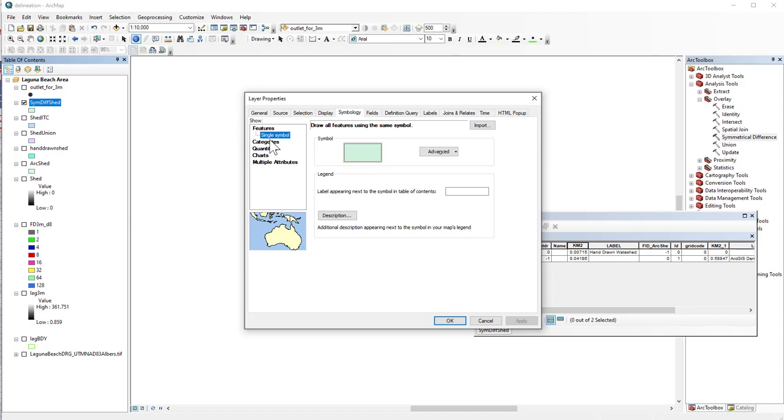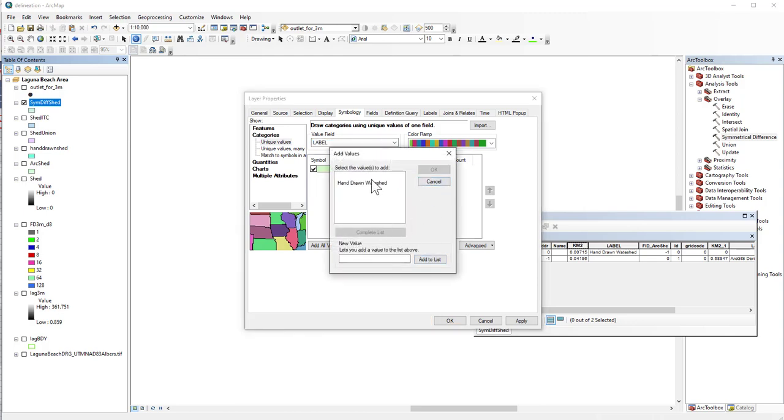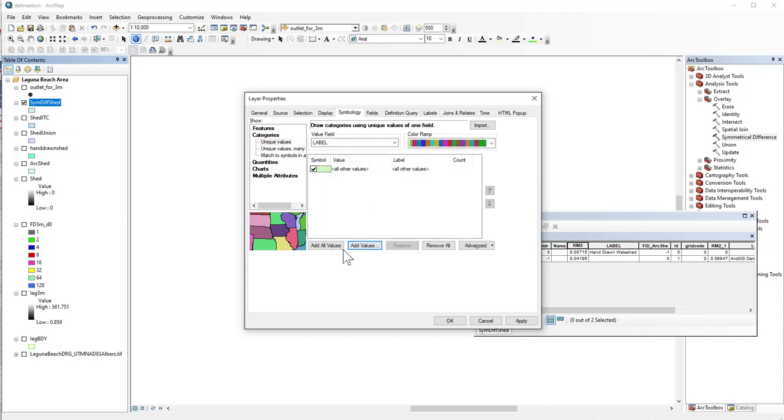So if we go to symbology, we want to go to categories, and the category I'll pick is the first label, and I want to add all values. And so I have the hand-drawn watershed, and here I can write as my label Arc, because it's the other one, ArcGIS derived watershed, and here I will fix my typo, watershed.